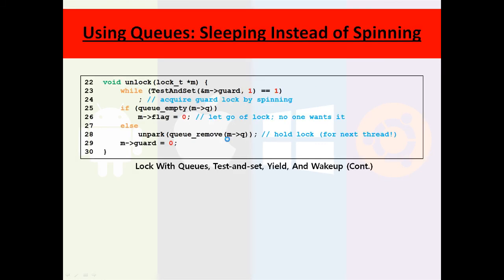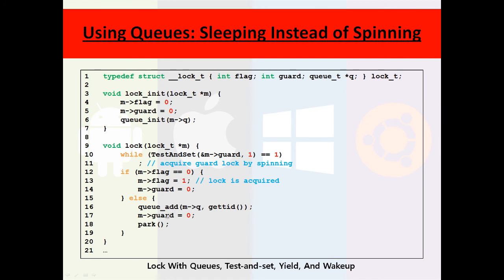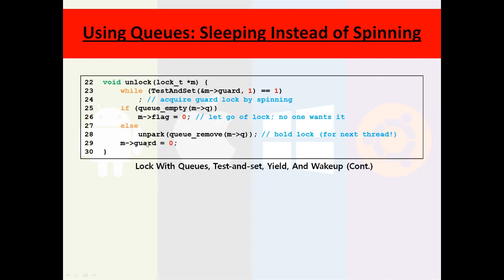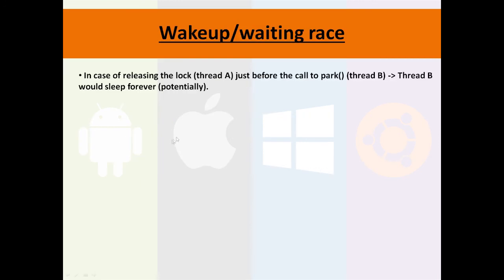So the idea here is that thread B is just about to call park, meaning that they're going to wait for an unlock to occur. But just before that happens, thread A actually unlocks. Now that results in thread B sleeping forever.